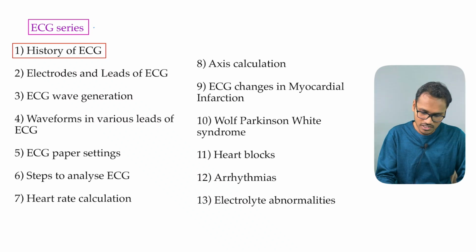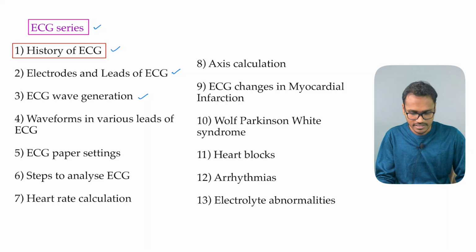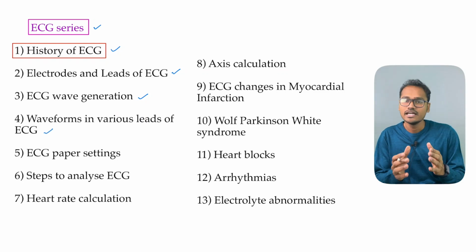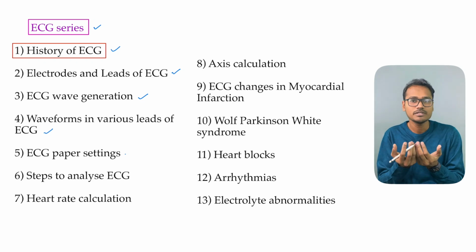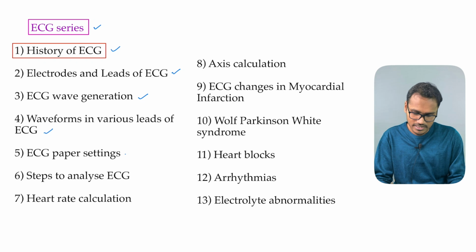In this ECG series, we will be discussing the history of ECG, what the electrodes and leads of ECG are, how the ECG waves are generated, and what the waveforms of ECG are in various leads. It is not only one recording that we are going to take, it is going to be multiple facets of different types of leads. That is going to be studied in the fourth video, and then ECG paper setting.